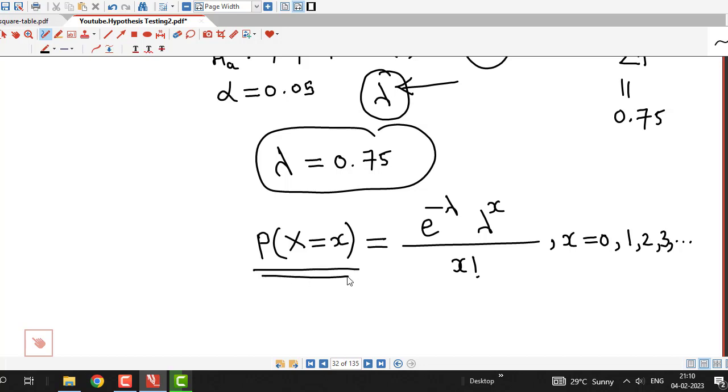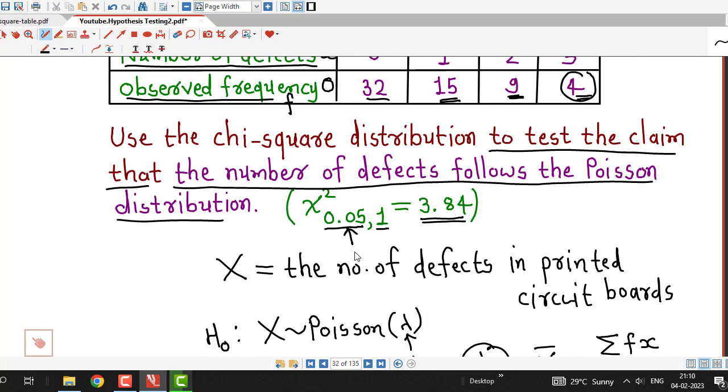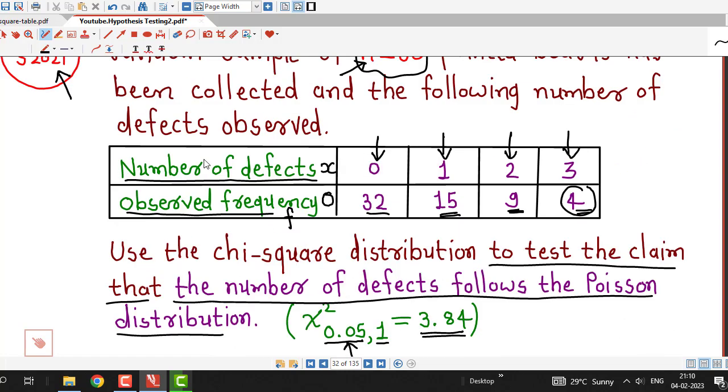So now I can calculate the probability that the number of defects is 0, 1, 2 and 3. This observed data gives us the frequencies.